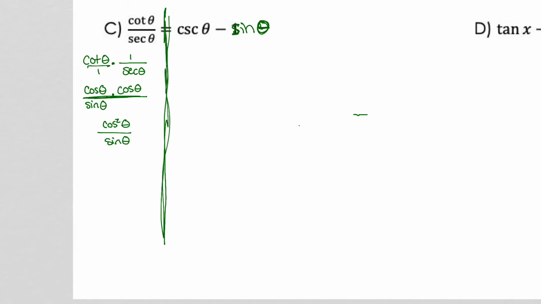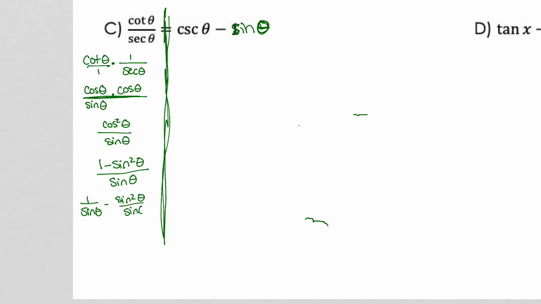Okay, so we know that cosine squared theta, Pythagorean identity, says that is the same thing as 1 minus sine squared theta, and I have that still over sine. Okie dokie. So let's separate it out. I have 1 over sine minus sine squared over sine.